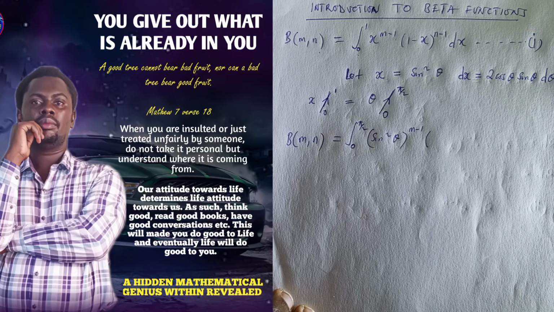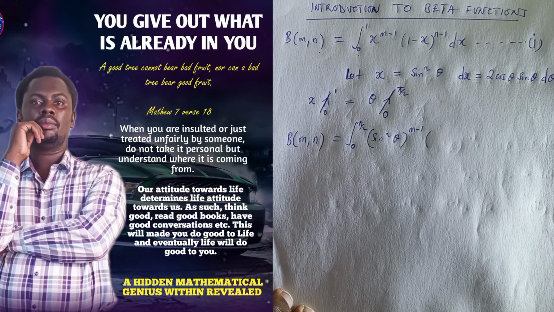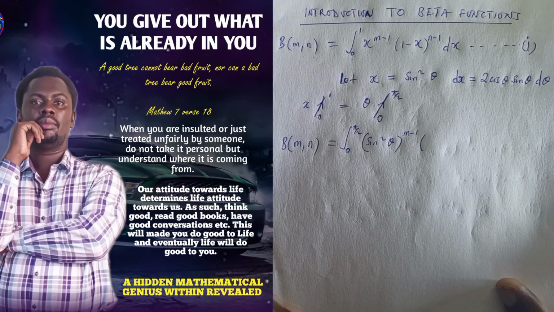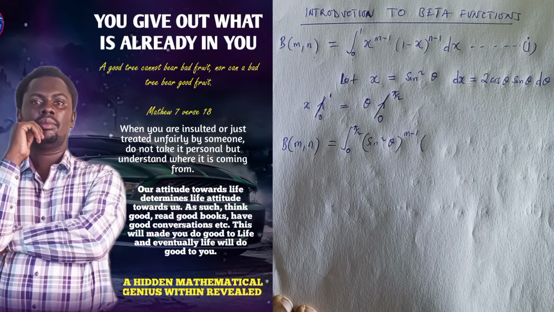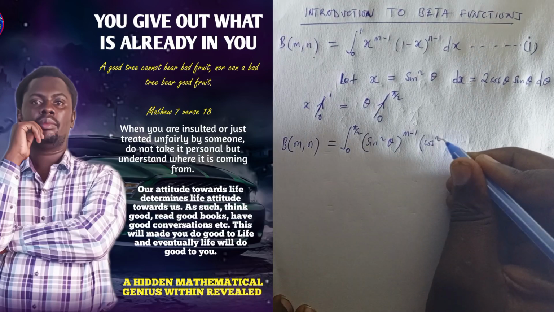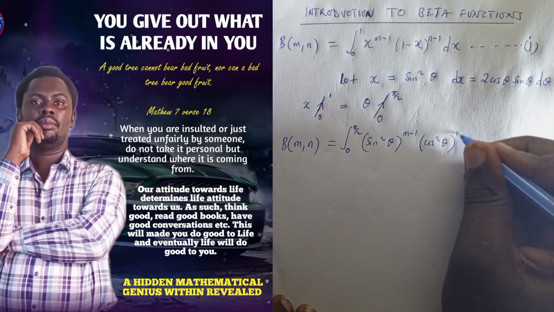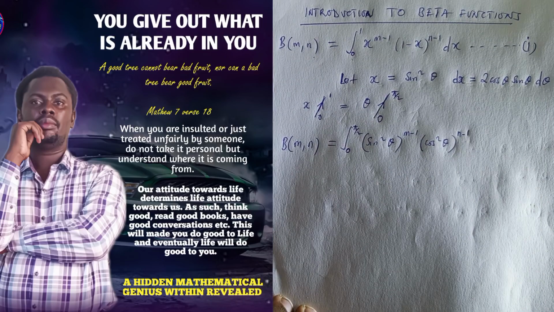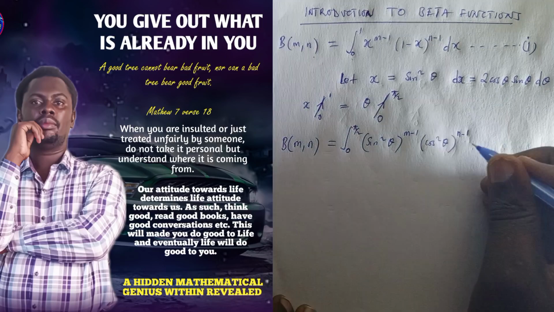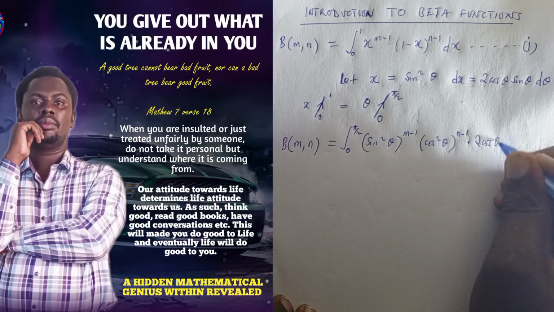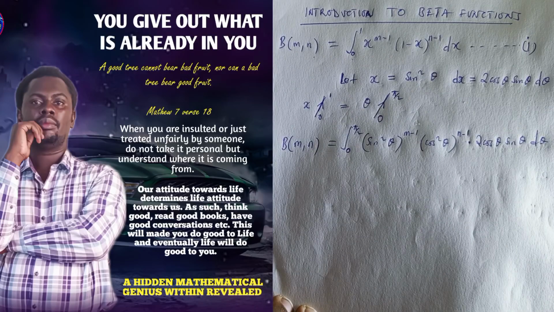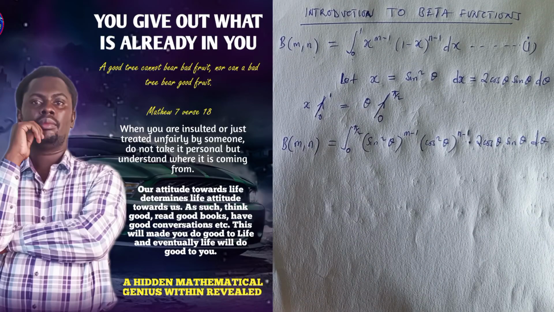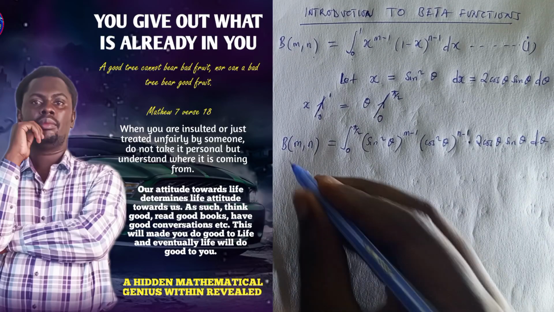And I believe you remember from trigonometry that 1 minus sine squared theta is cos squared theta. So we have cos squared theta. This is to the power n minus 1. Then where there is dx, we are going to have 2 cos theta sine theta, then d theta.